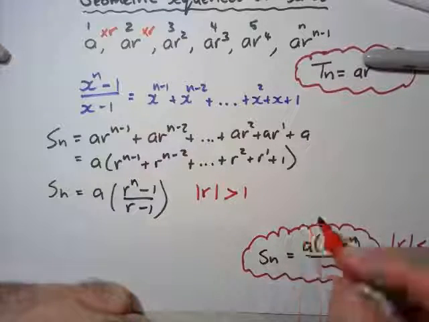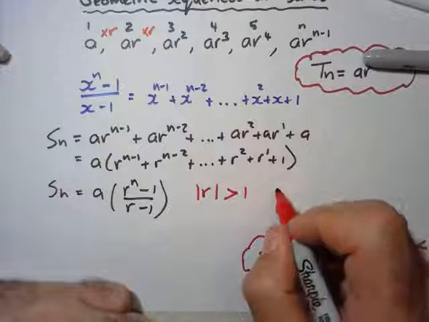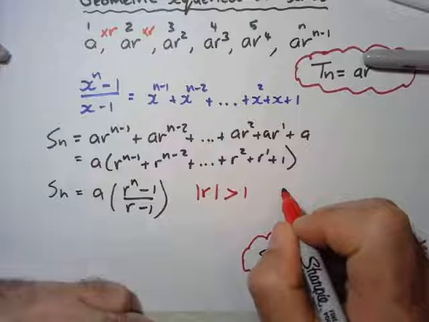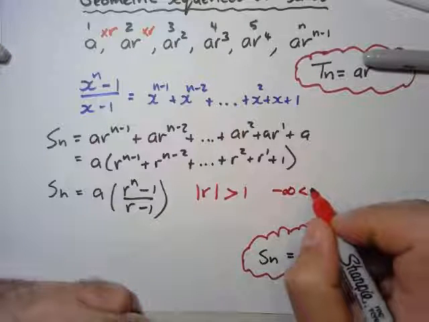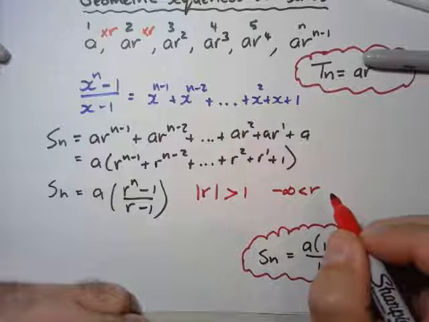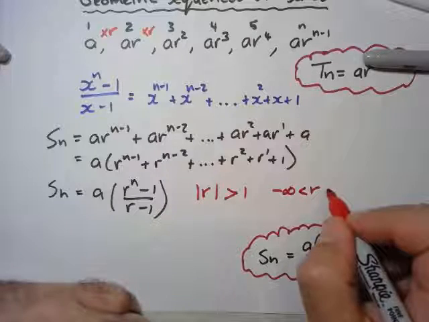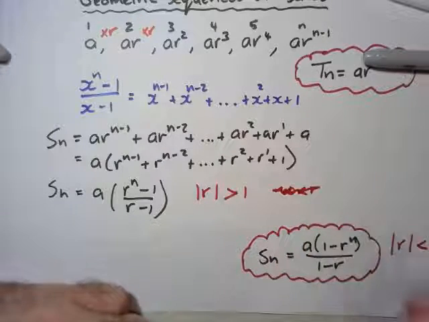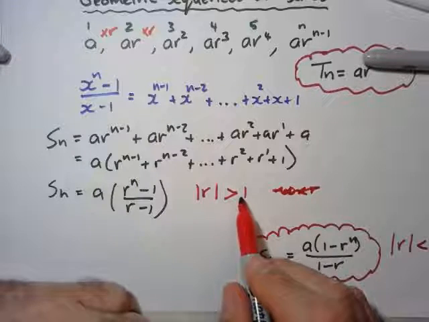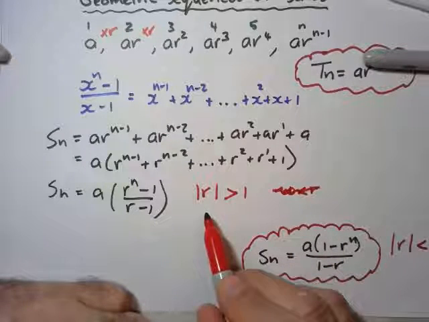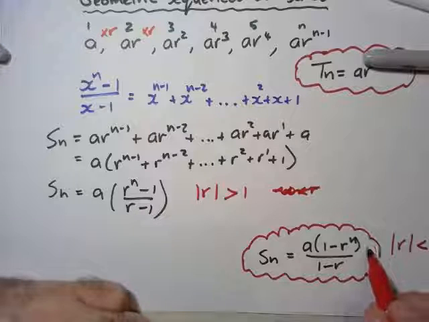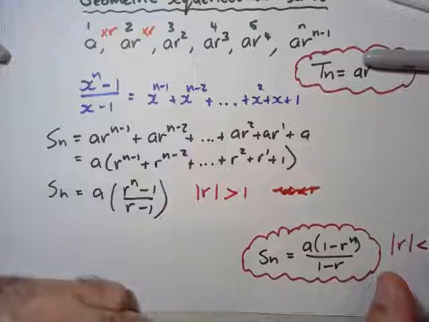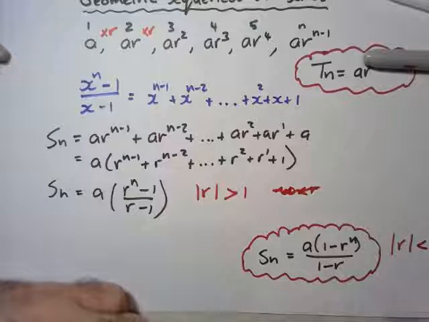In other words, this one is for r greater than 1 or less than negative 1. We're going to use the one with 1 in front if r lies between negative 1 and 1, which means it's a fraction, between -1 and 1.